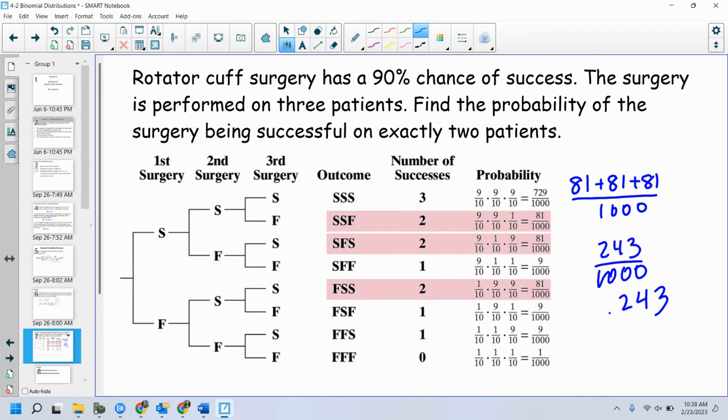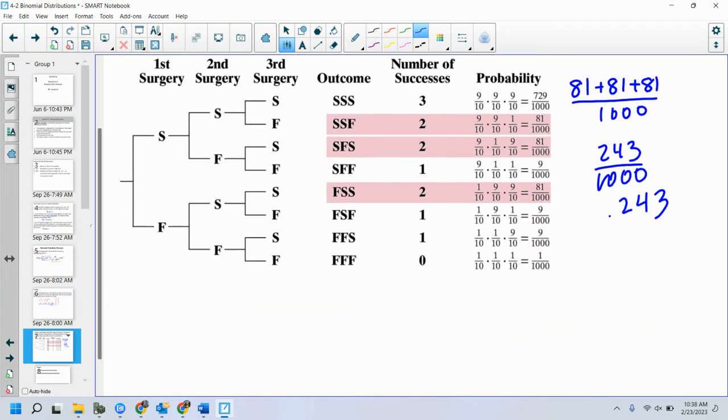Now let's run our formula. Let's see if we get 0.243. Okay, what was n? 3. What was x? How many successes did we want to go for? 2. What's the probability of success? 0.9. What's the probability of failure? 0.1.